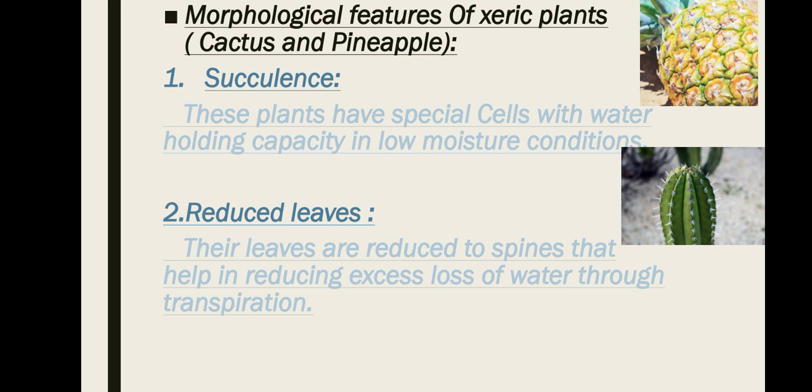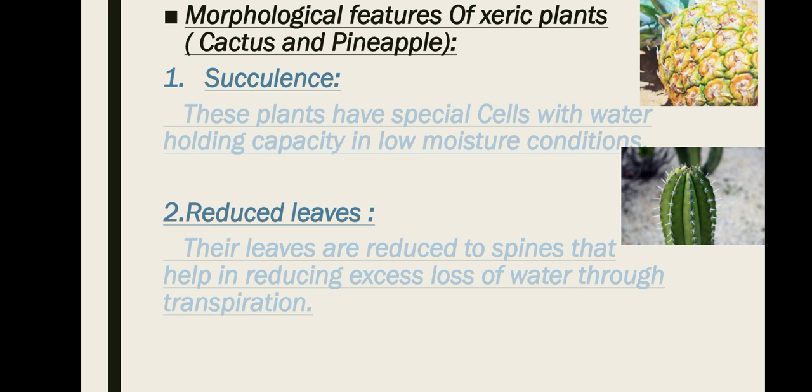Then we have reduced leaves. As you can see, the surface of both these plants are covered with spines instead of leaves. So why is it so? It is so because already less amount of water is present in the environment, so we cannot risk losing even the slightest amount of water.